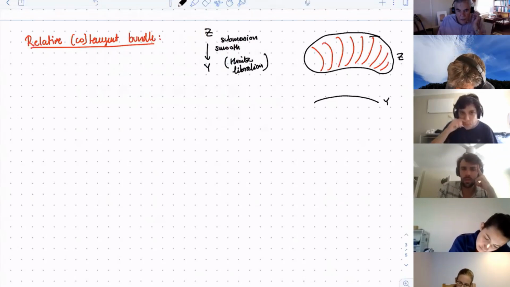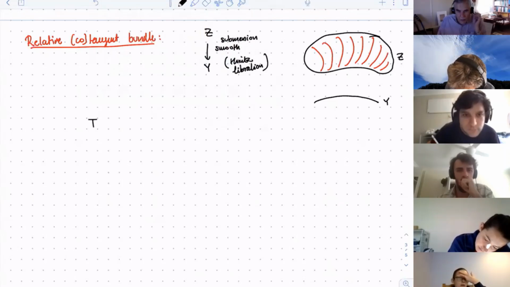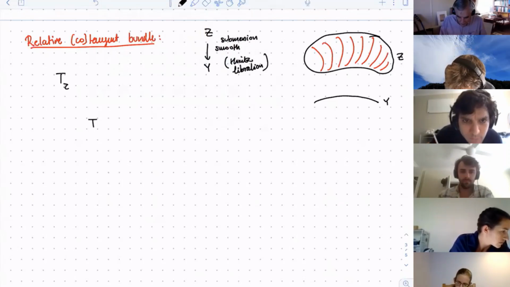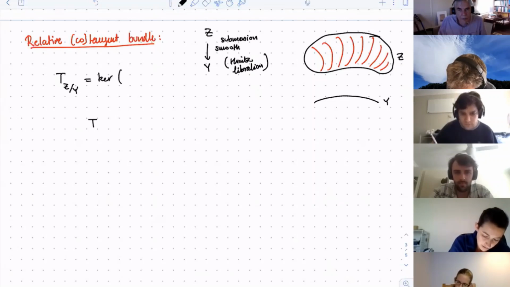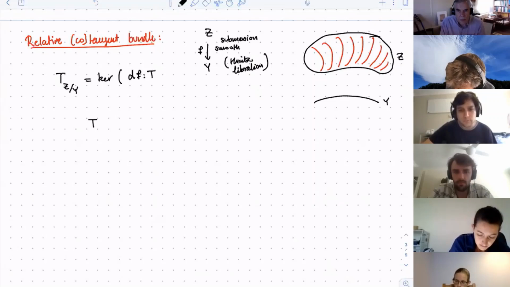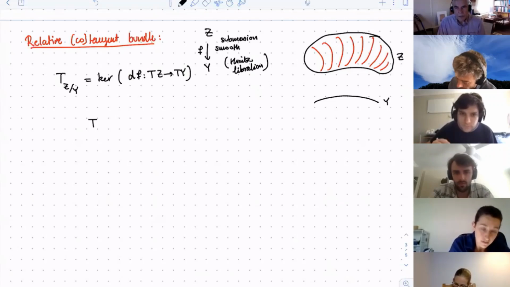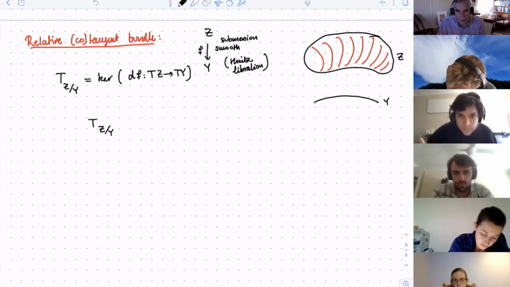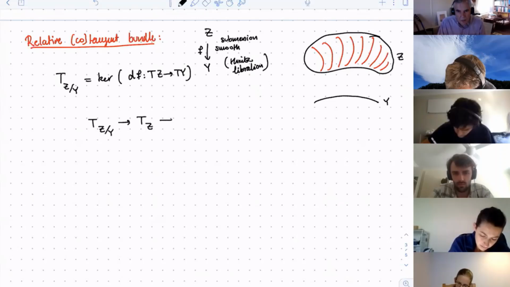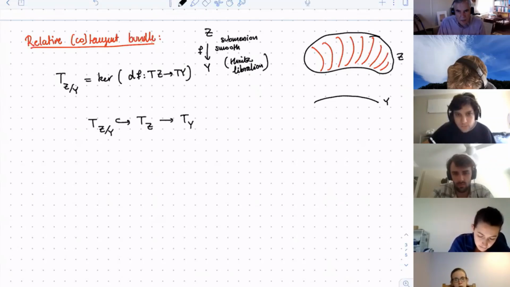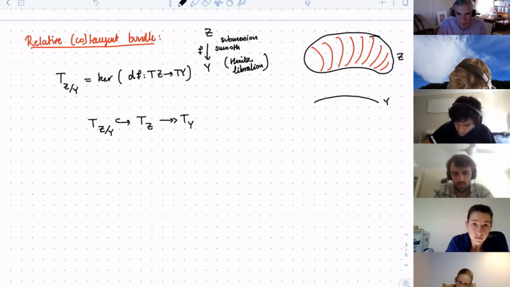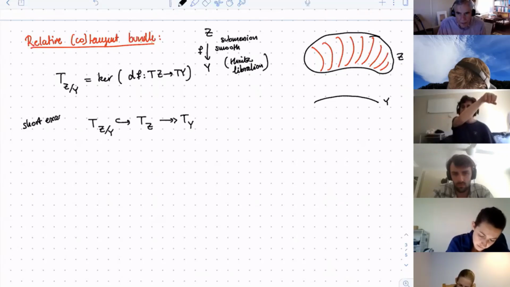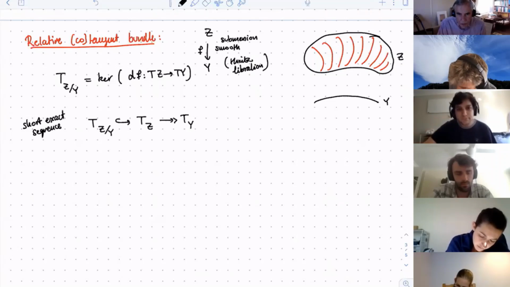And we have two exact sequences. We can set T_{Z/Y} to be the kernel of the differential of our map F from the tangent bundle of Z to the tangent bundle of Y. So we have a short exact sequence.